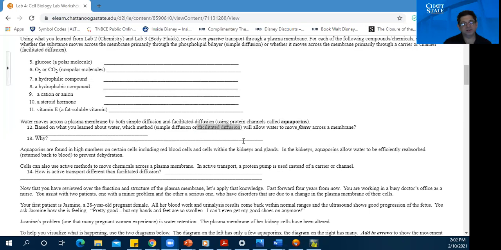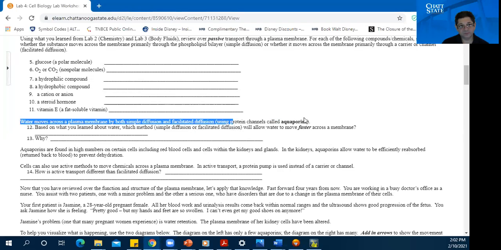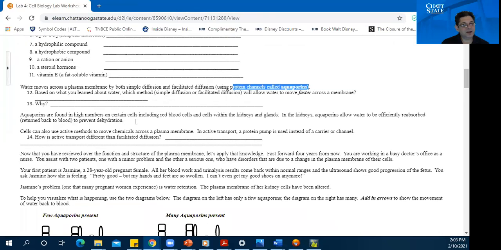So osmosis falls under that category. It does move under simple, but very accidentally, not very reliably at all. So the answer there is definitely facilitated. And the reason why is because it has its own dedicated channel right here.